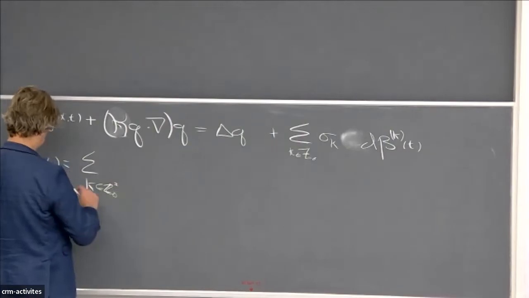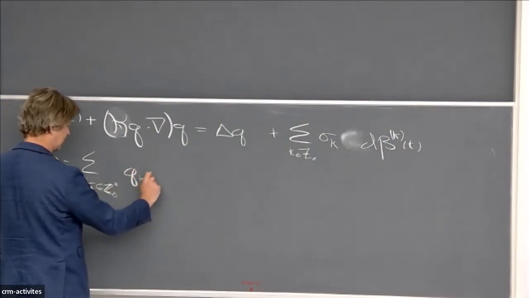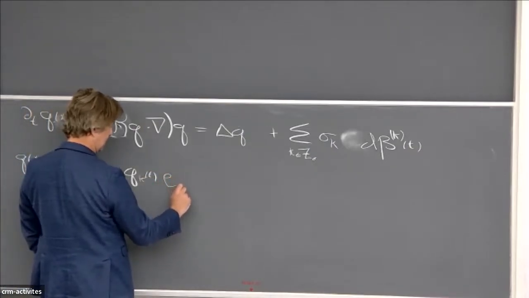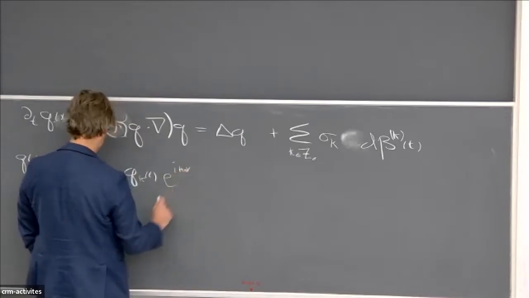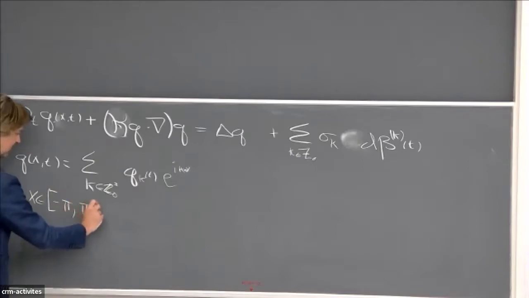And then I write this as q_k(t) e to the i k x. I'm putting x now that I've written that explicitly, which you should never do, because then you're in danger of making mistakes like this.